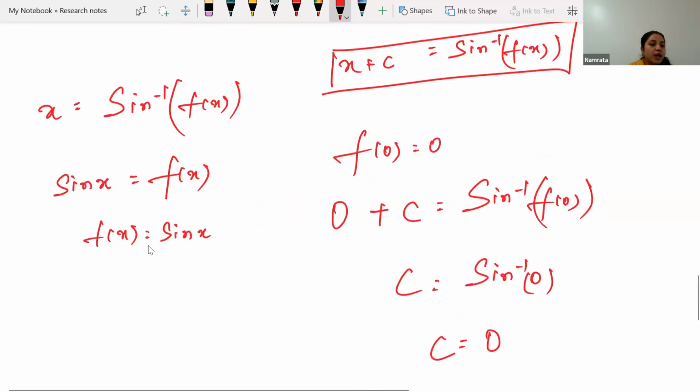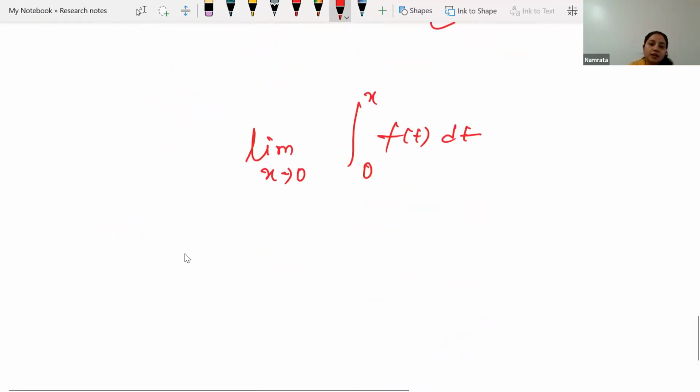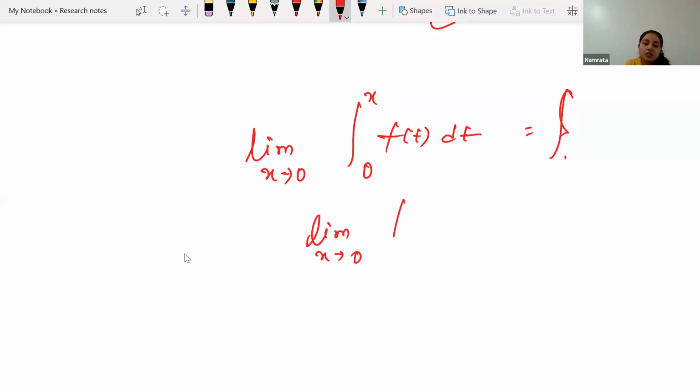Here we got f of x is sine x, so f of t will be sine t. So here we can write limit x tends to 0 of the integral from 0 to x of sine t dt.